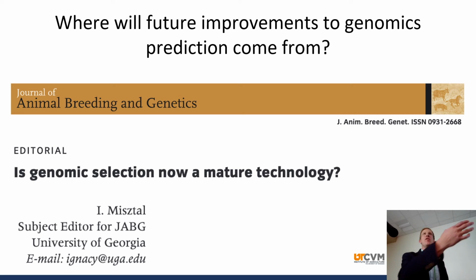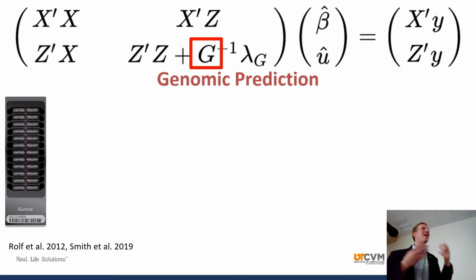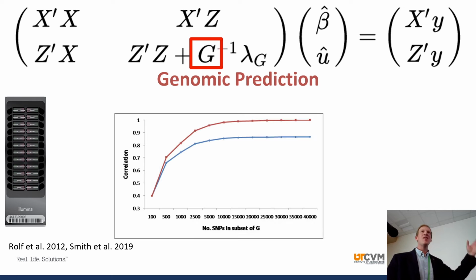How do we move into that next generation of moving past just these mixed model equations, using our SNP chips to make this G matrix or the H matrix if you're doing single step? That 50,000 marker set that we came up with back in the late 2000s has served us really well when it comes to doing genomic prediction, right? And there's been plenty of stuff.